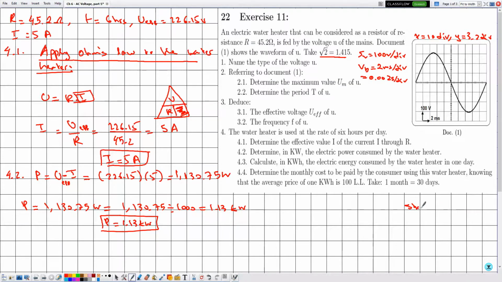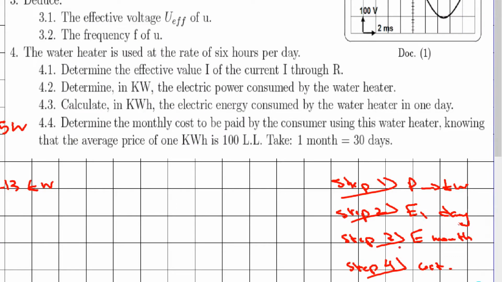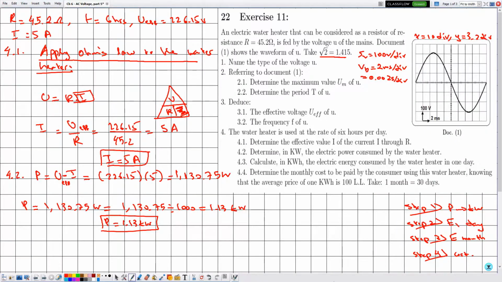Step number 1 is to convert P to kilowatts. Step number 2 is to calculate E1 for 1 day. Step number 3 is to calculate E for 1 month. And step 4 is to calculate the cost or the price. Recall that I'm writing these steps on the scratch and they are not considered as part of the answer.